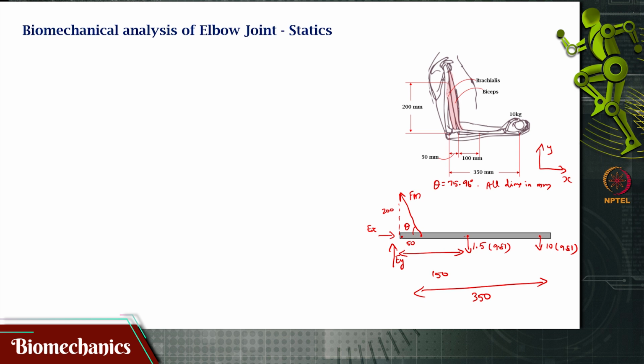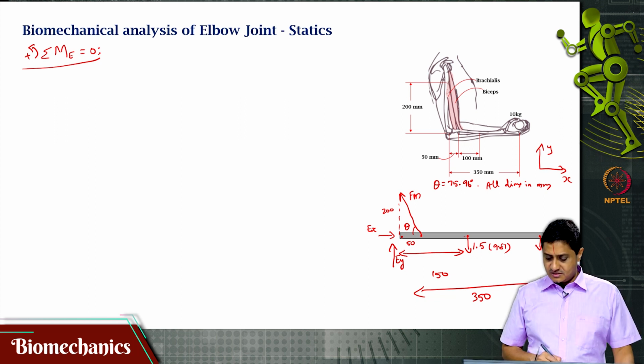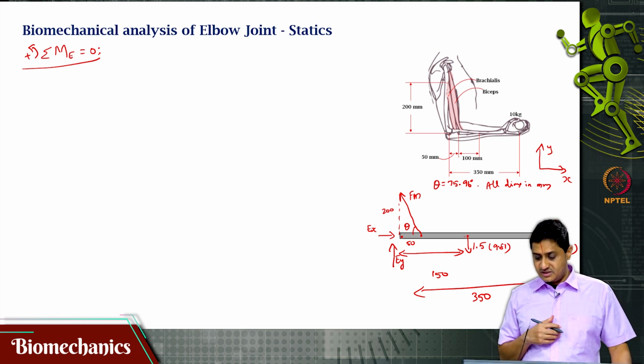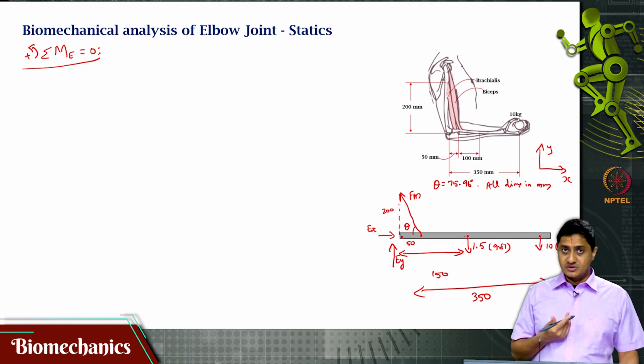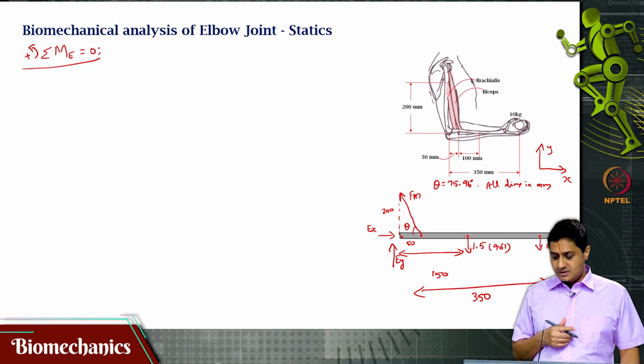Now, I can write out sigma M about the elbow, counterclockwise considered positive, is 0. Let us start. The reaction forces at the elbow joint will not cause a moment because they both will have moment 0.